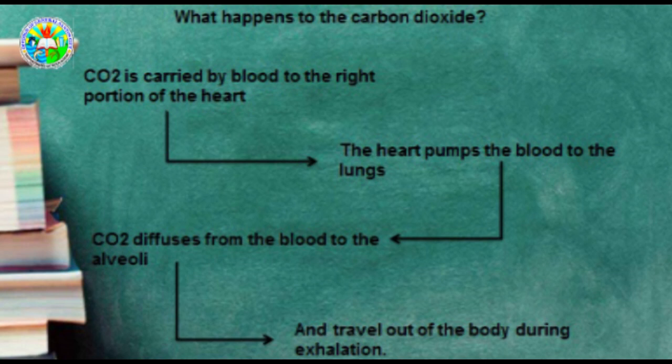This is carried by the blood as it enters the right portion of the heart. Then the heart pumps the blood to the lungs. The carbon dioxide then diffuses from the blood to the alveoli and travels out of the body during exhalation. This process begins again and again.